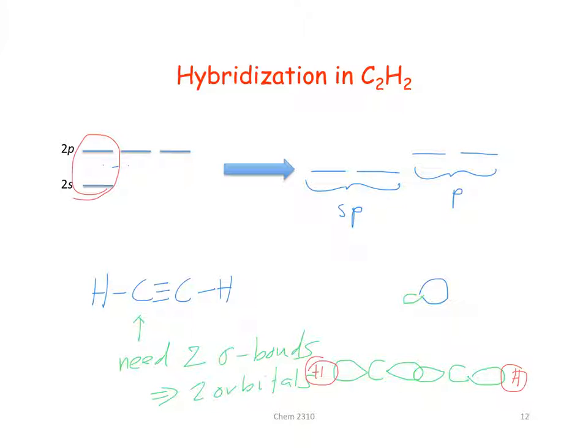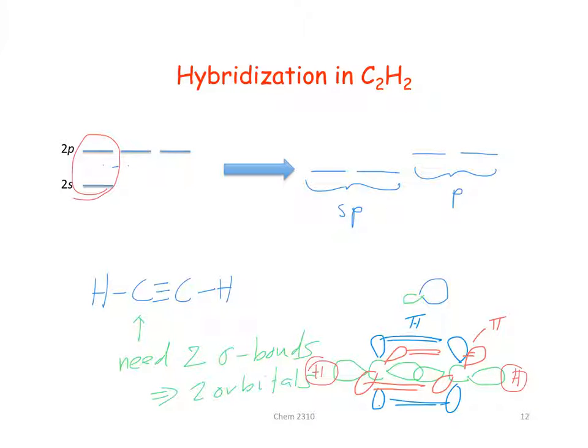Then we have two p orbitals left over. One is going to go like this, and those can form a pi bond. The other p orbitals are going to be going in and out of the plane like this. Those form a second pi bond.